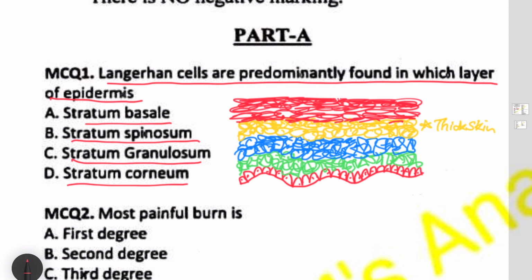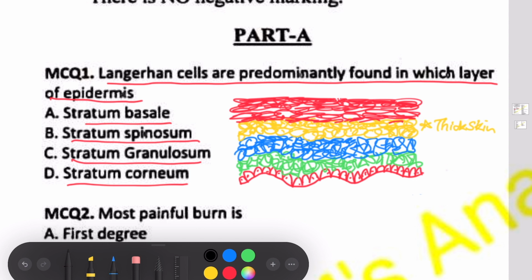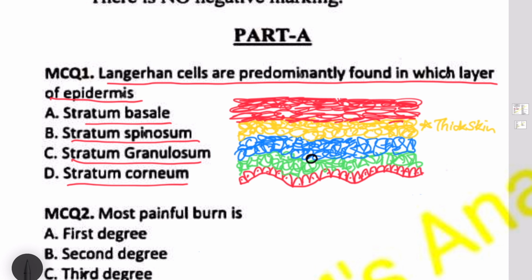Talking about Langerhans cells in the question, Langerhans cells actually are present in all the layers. If they ask in which layer of the epidermis they are found, they are found in all the layers of the epidermis. What I'm drawing is present in all layers.